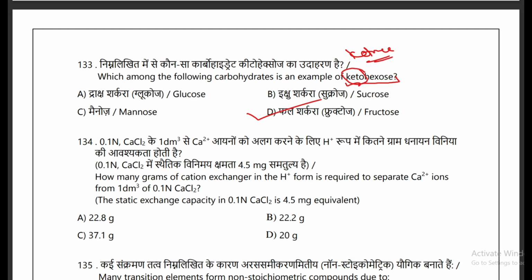If you look at the structure of fructose, there is a presence of a ketone group. They are talking about a ketohexose, so it has 6 carbons. D option is your correct answer.